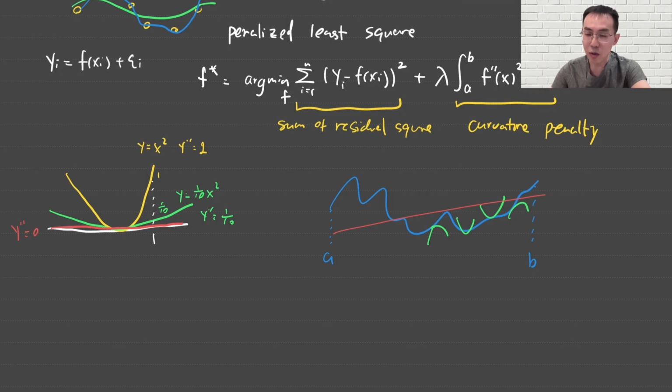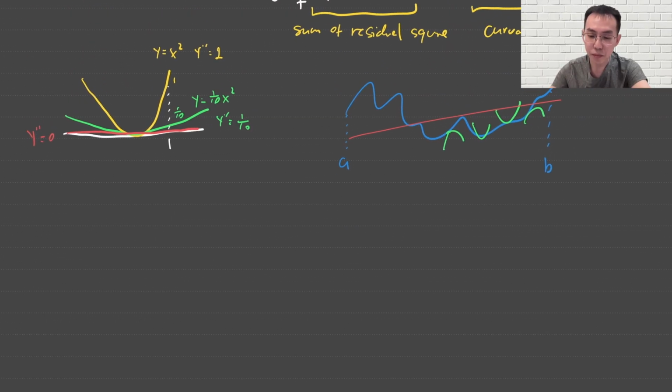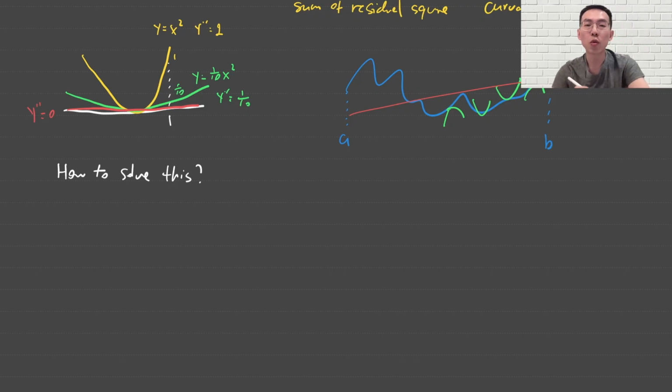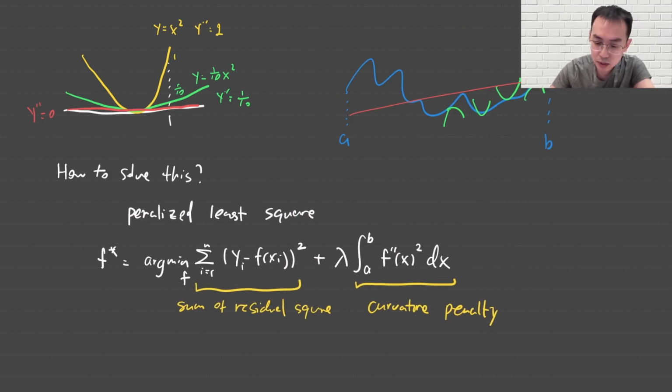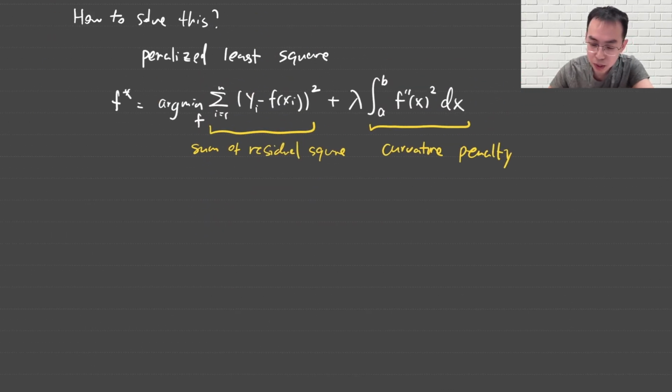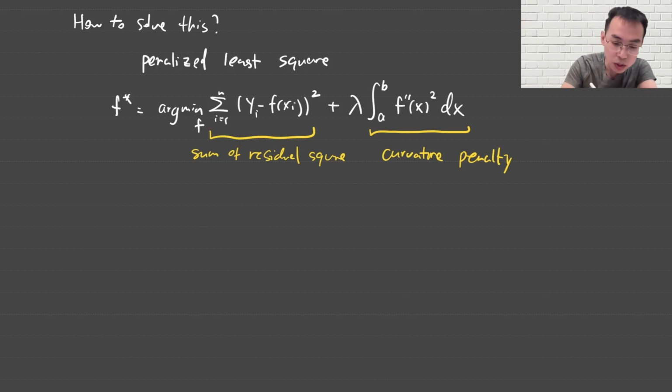Now let's think about how to solve this problem. First, we must know what the space of all the functions is that we can optimize over. If we just consider this penalized squared term, then f has a huge space.